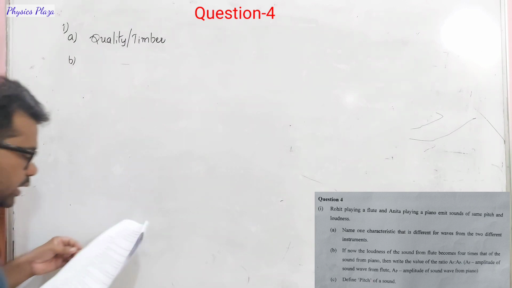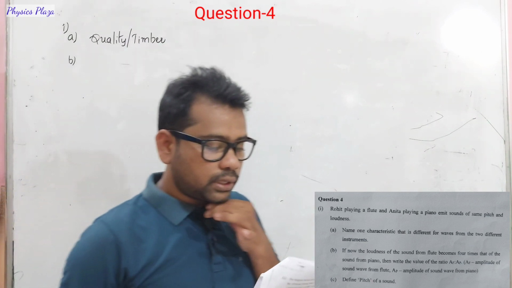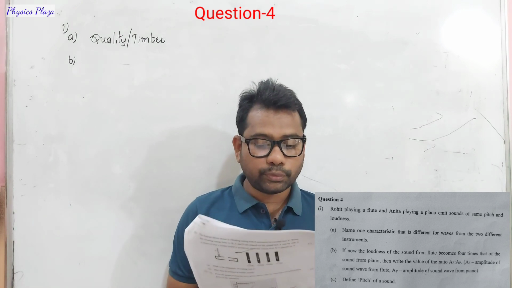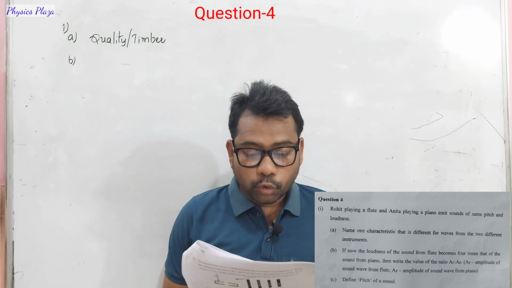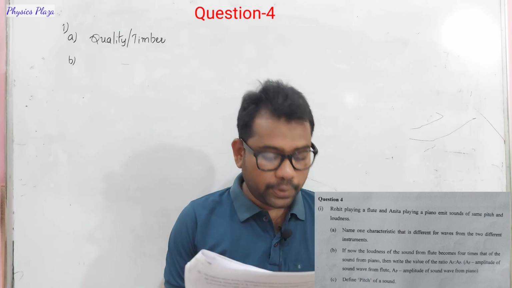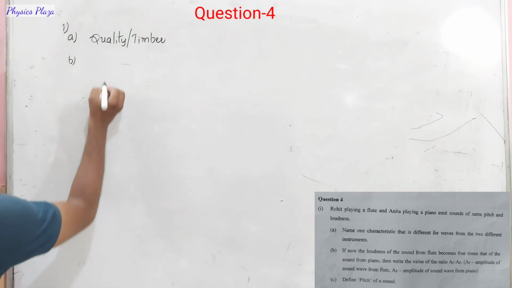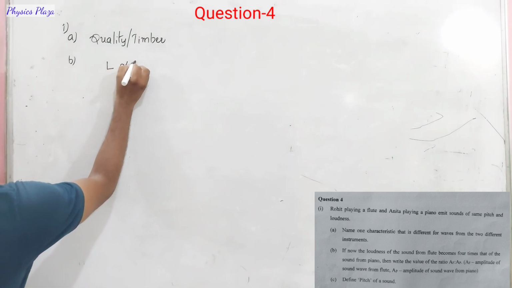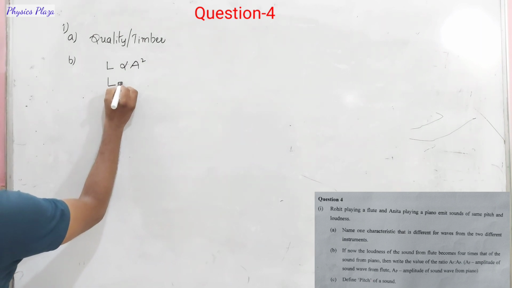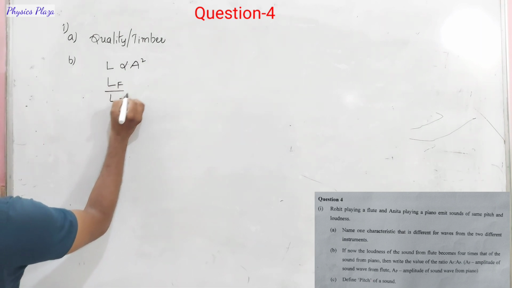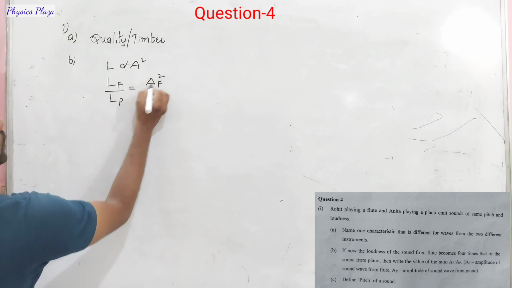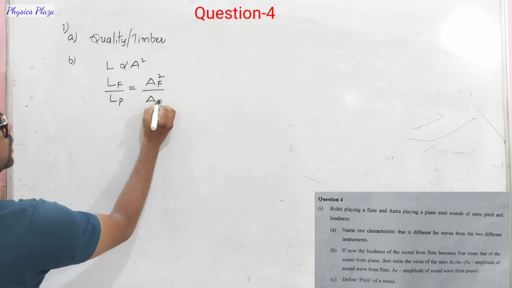Part B, children. If the loudness of the sound from the flute becomes 4 times that of the sound from the piano, then write the value of the ratio of the amplitudes of the flute and the piano. Children, we know that loudness is proportional to the square of the amplitude. So loudness of the flute by loudness of the piano is equal to amplitude of the flute squared by amplitude of the piano squared.